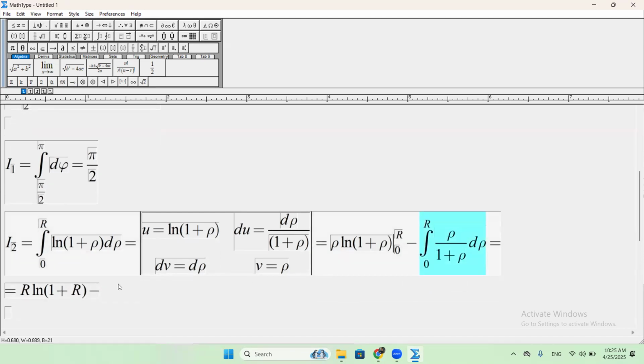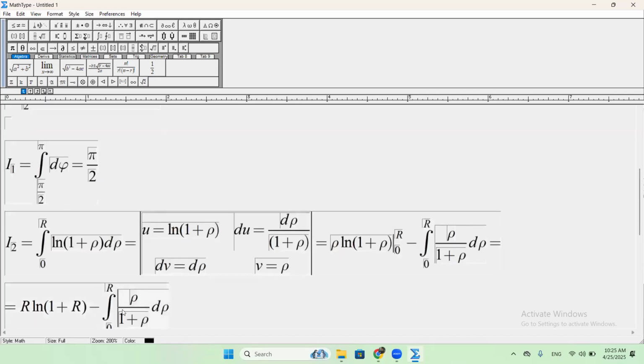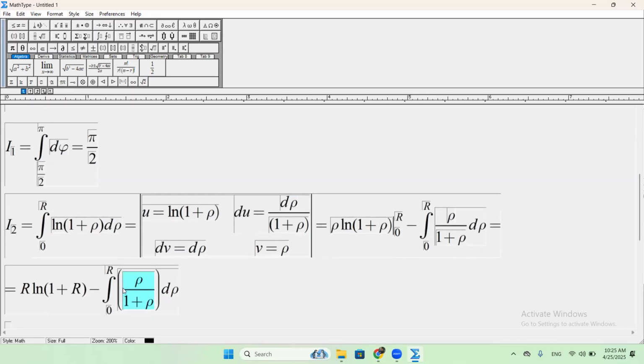It will be actually equal, yeah, if I extract the whole part, it will be equal 1 minus 1 over 1 plus rho. Yeah, correct.